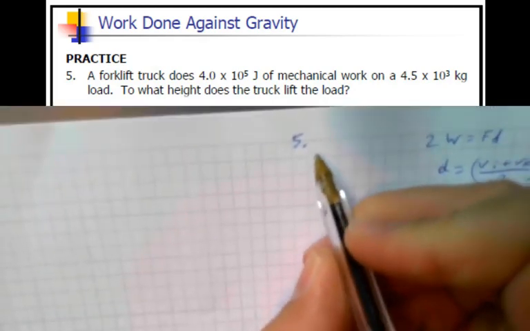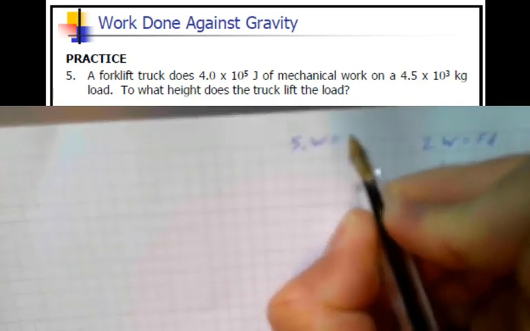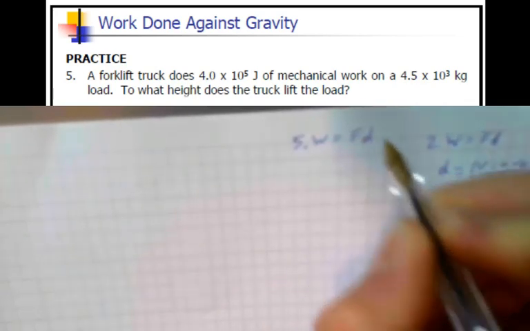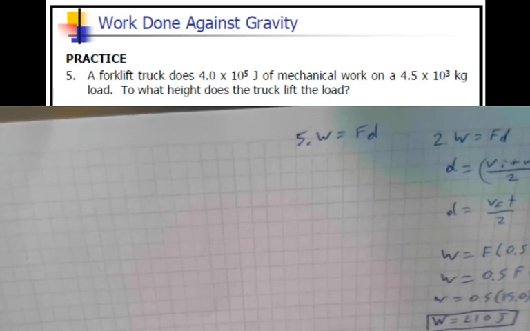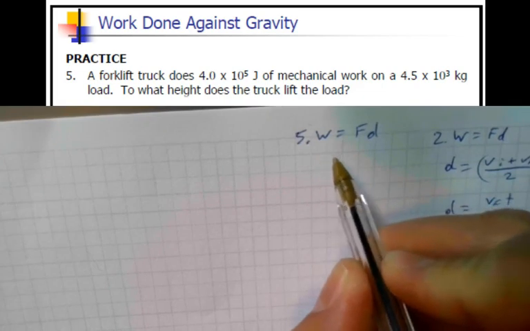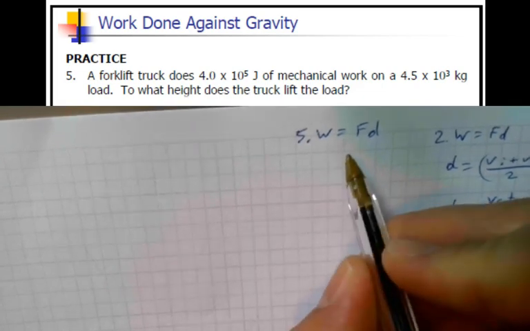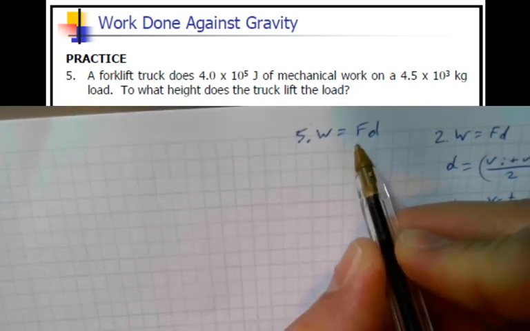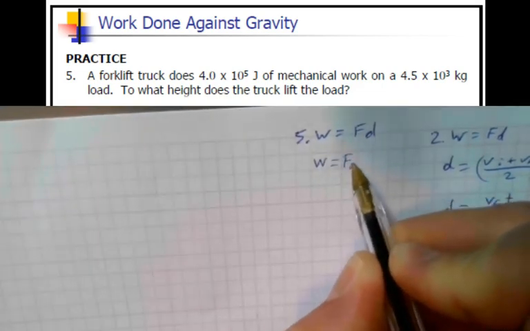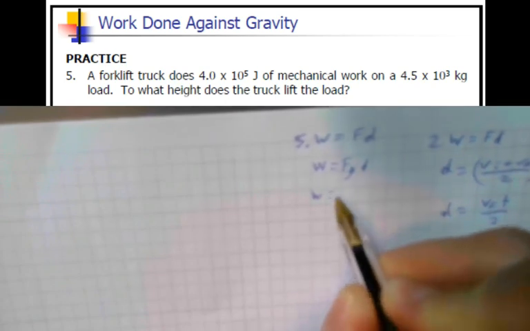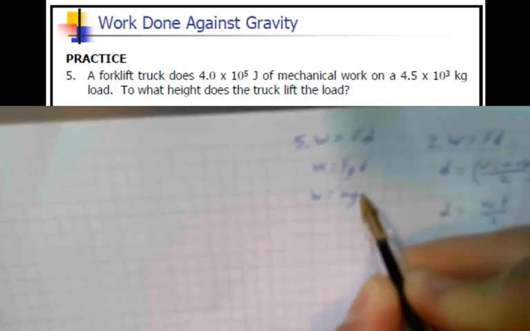So we know that work equals force times the displacement, and we have our work applied. We need to find our mass. We need to find our distance. So the F here can be replaced with an FG, which is equal to an mg.